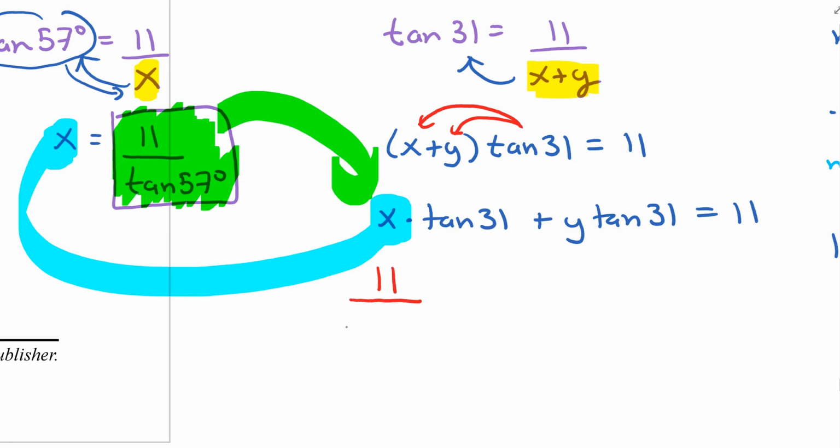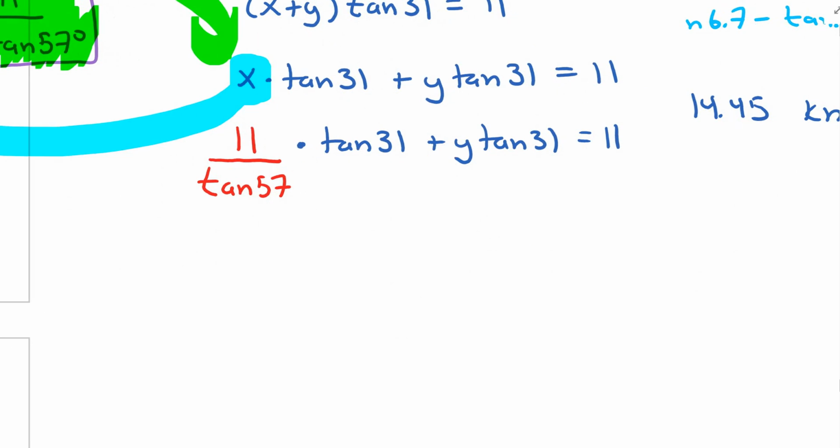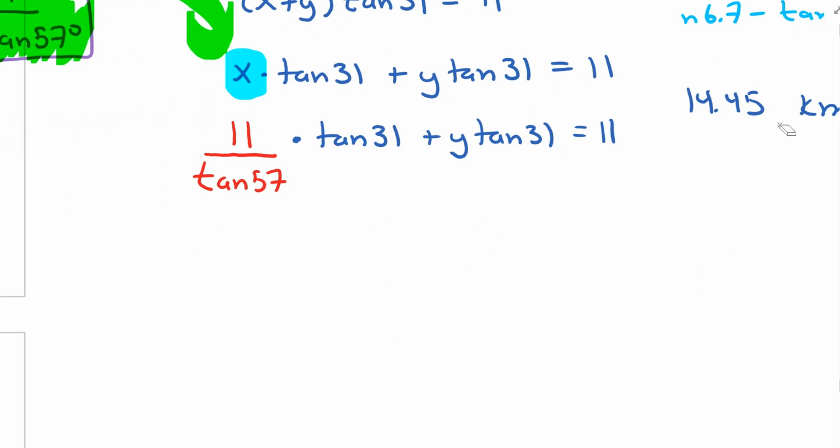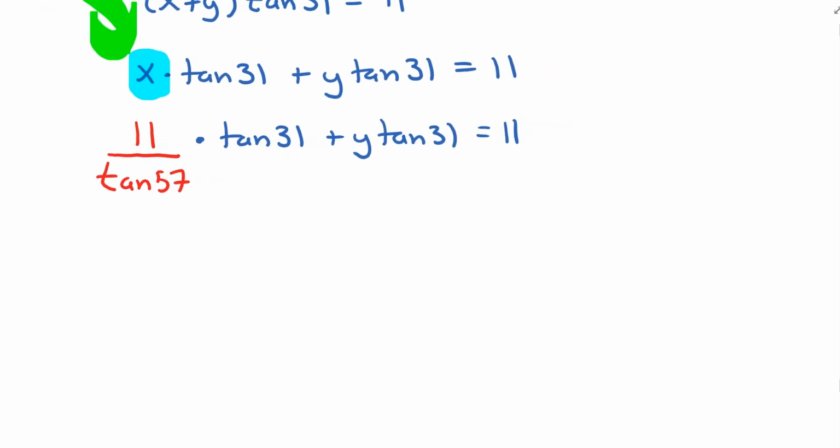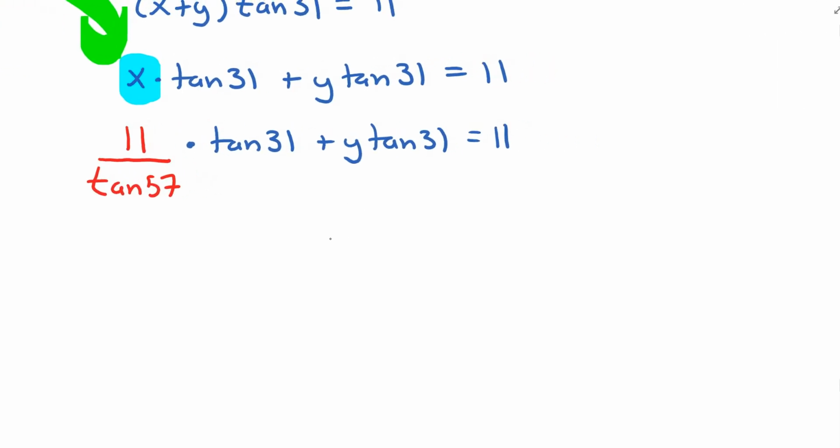So this will be 11 divided by tan of 57 degrees times tan of 31 plus y times tan of 31 equals 11. Now this is looking pretty good because although these look like difficult expressions, they're just really numbers, right? So I have y times tan 31 equals 11.